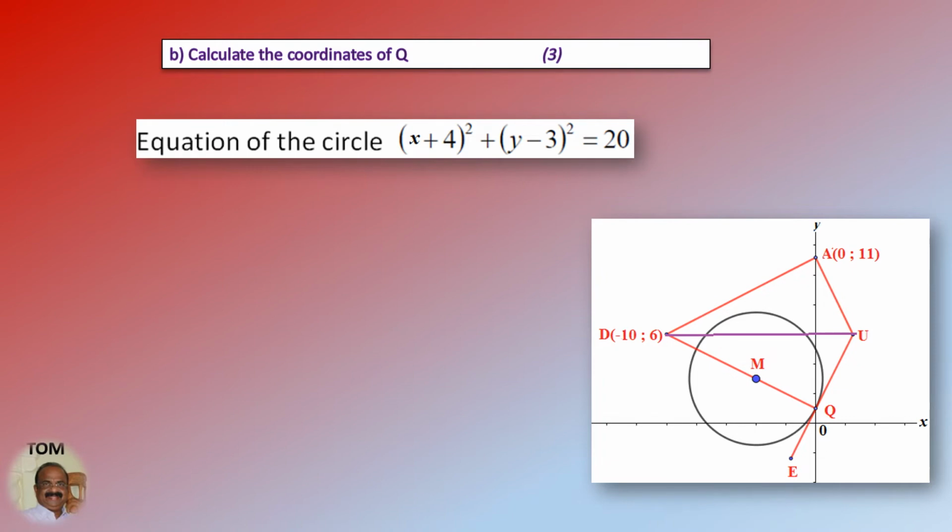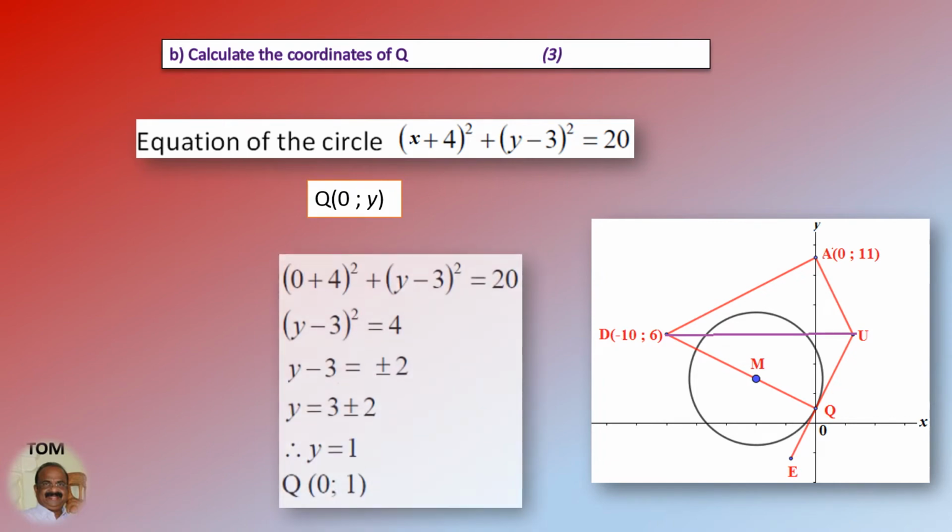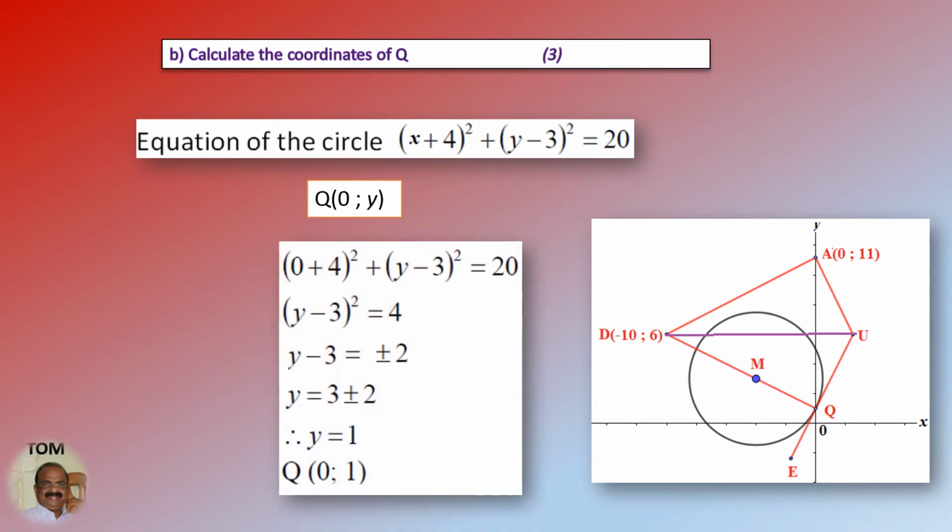Now, the x coordinate of Q becomes 0 since it is lying on the y-axis. So, we assume Q is 0, y. Since it is lying on the circle, we can substitute the coordinates of Q.